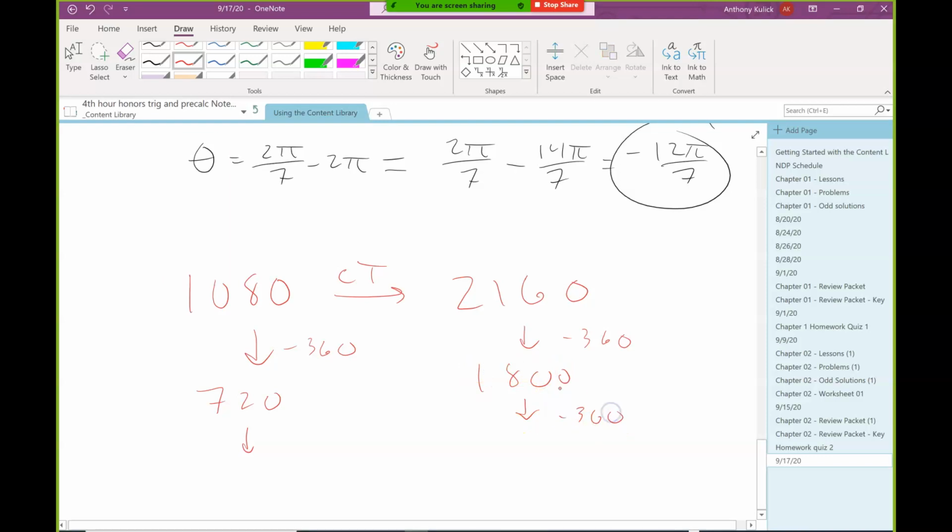Then taking them both down to a number between 0 and 360. I'm just going to keep subtracting 360, and you'll see that if I do that, I do run into 1080. So you could say right there that that's enough to say that those 2 angles are coterminal.